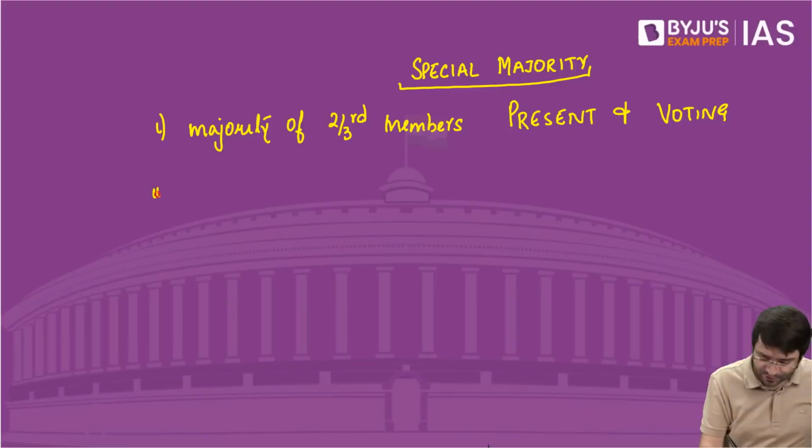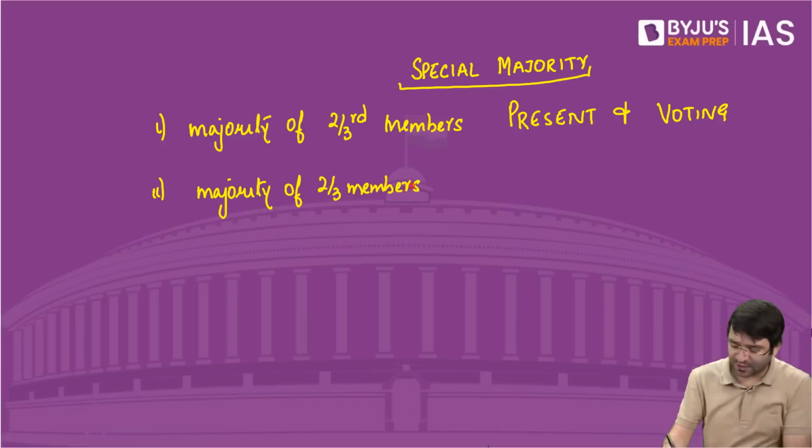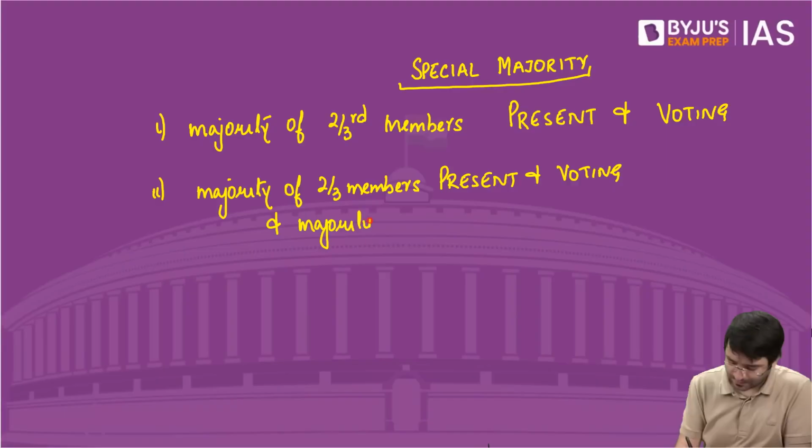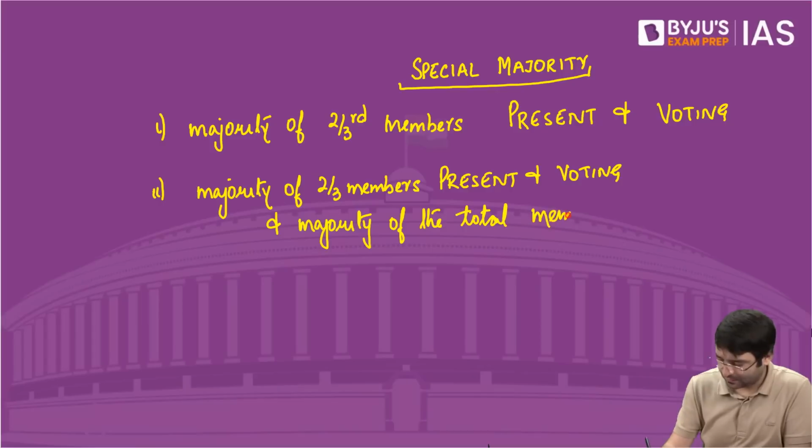There is another special majority. Majority of two-third members present and voting and majority of the total membership of the House.